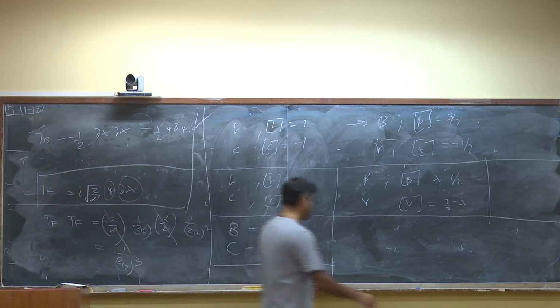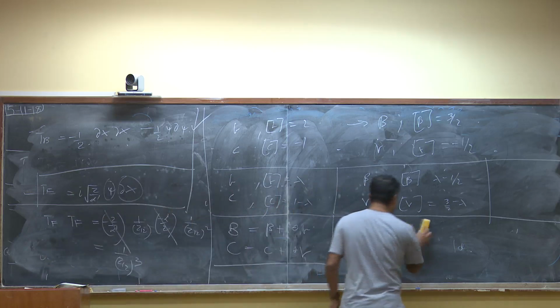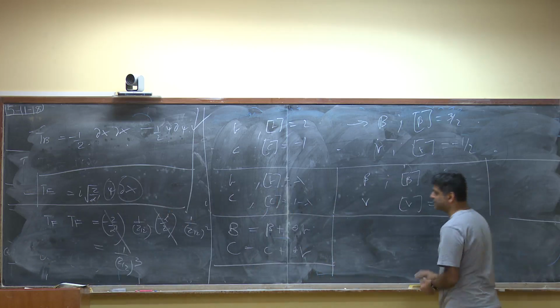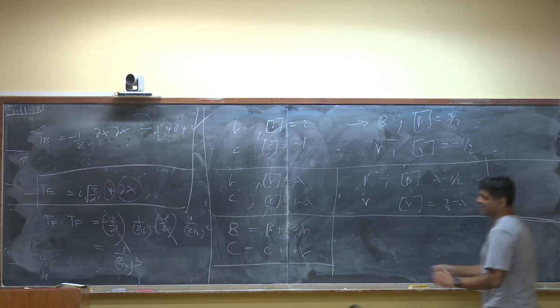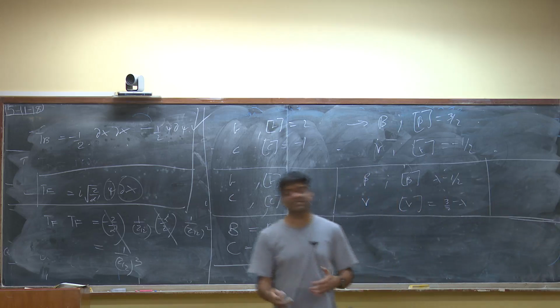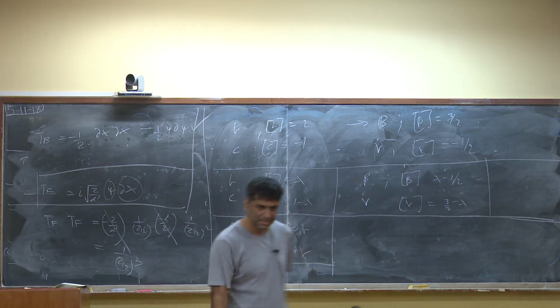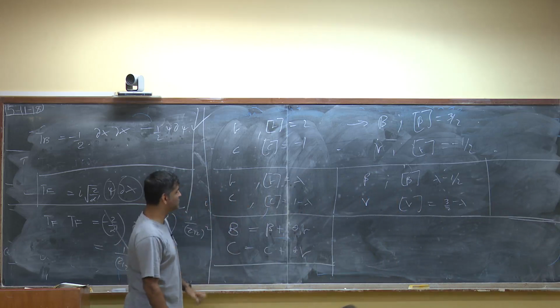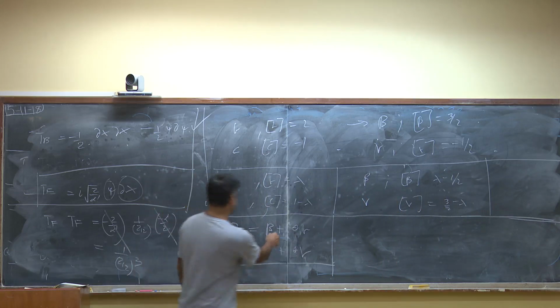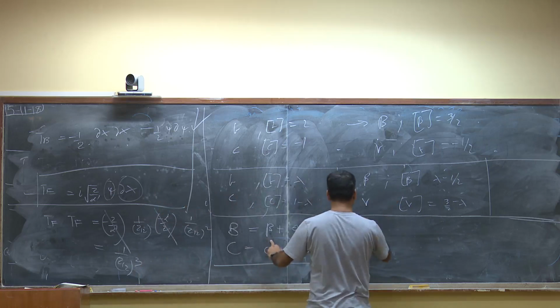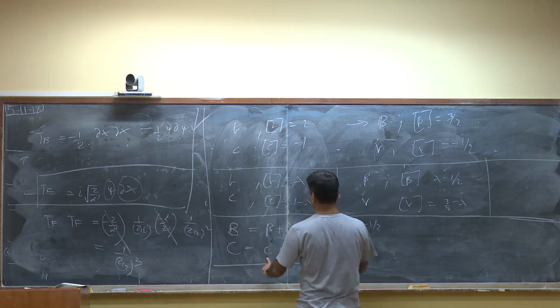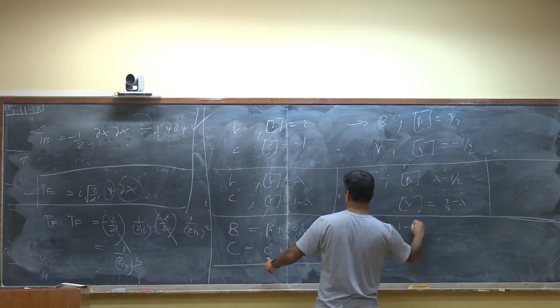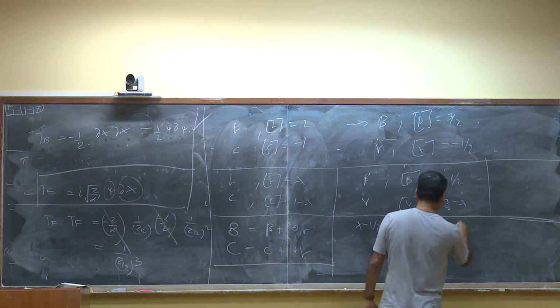Okay. Great. So now what we want to do is to write down some sort of action. Clearly, our action has to be quadratic in B and C. Let's add up the dimensions. So the dimension of B plus the dimension of C is what? Exactly. It's the dimension of beta, which is lambda minus half, plus the dimension of C, 1 minus lambda, which is equal to half.